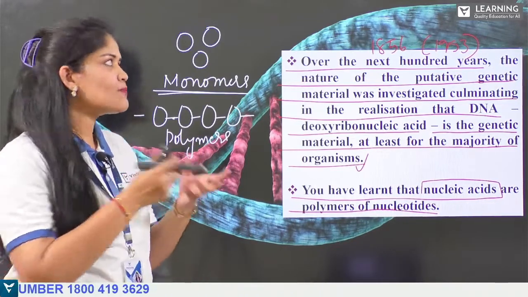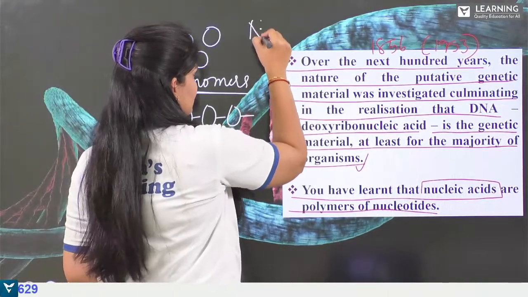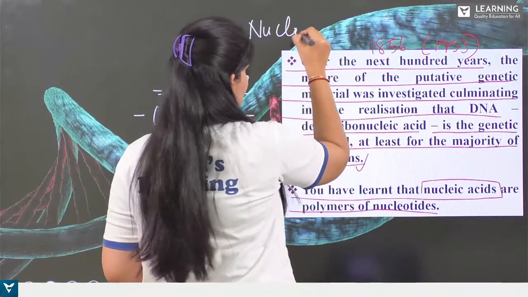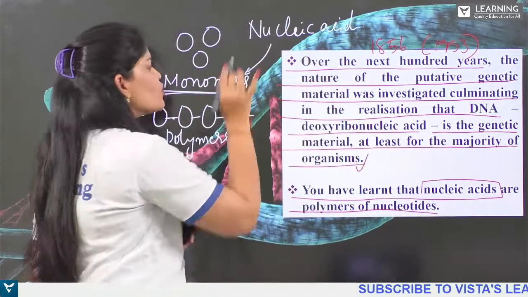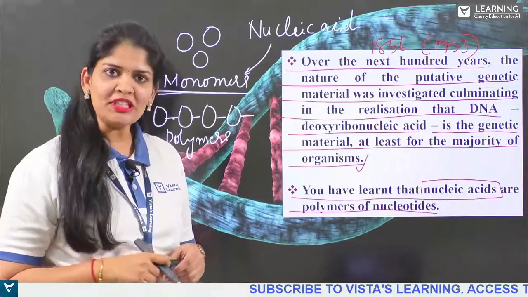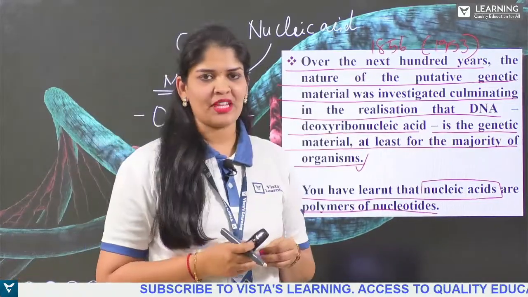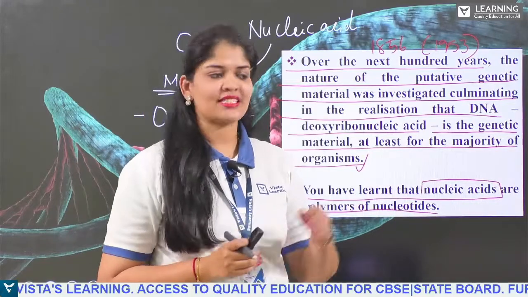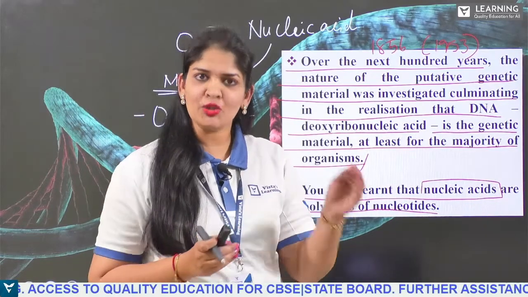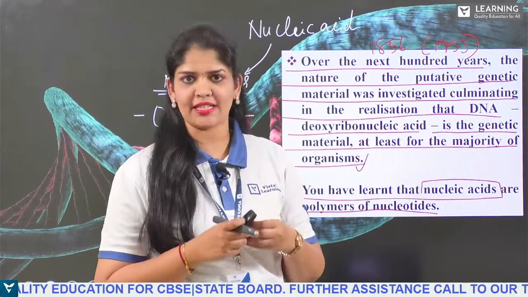In the same way, in nucleic acids, the monomeric units are nucleotides. In carbohydrates, monosaccharides. In proteins, amino acids. In nucleic acids, they are nucleotides.